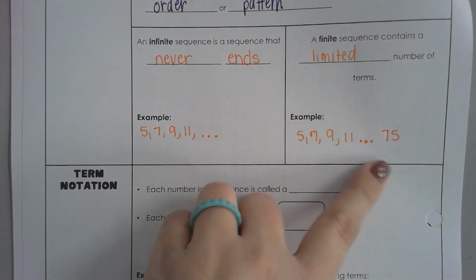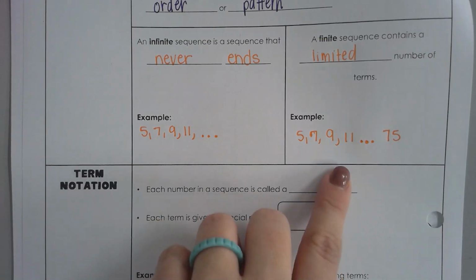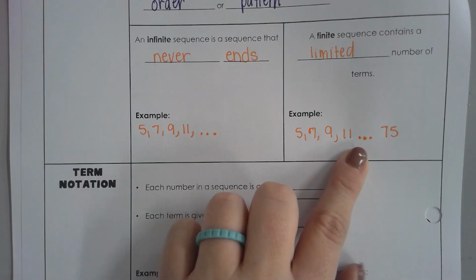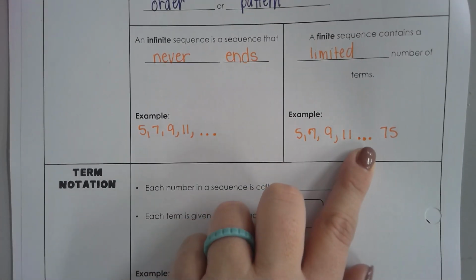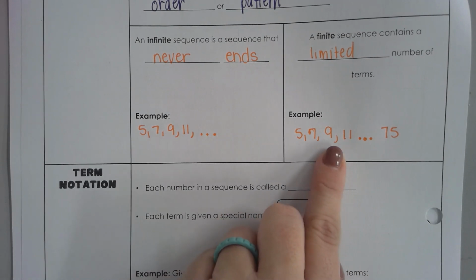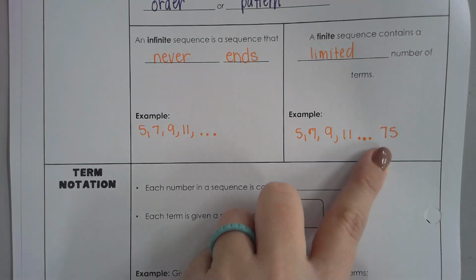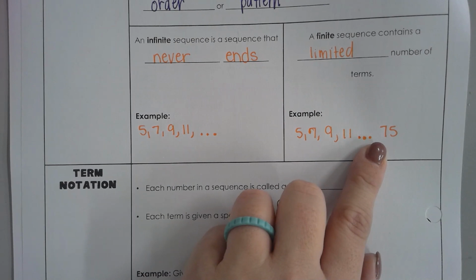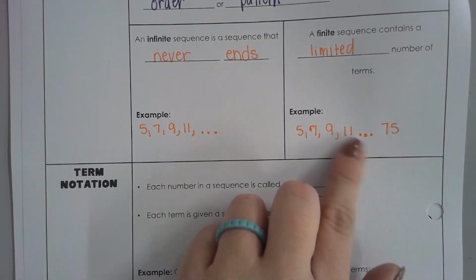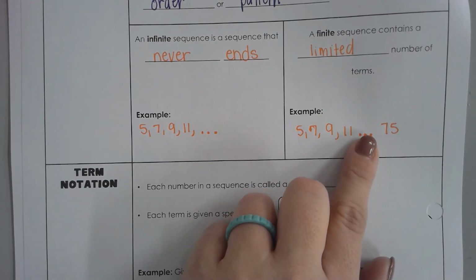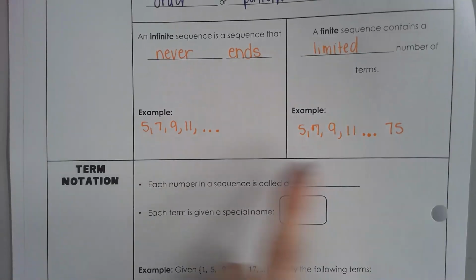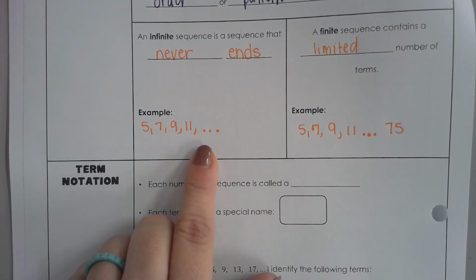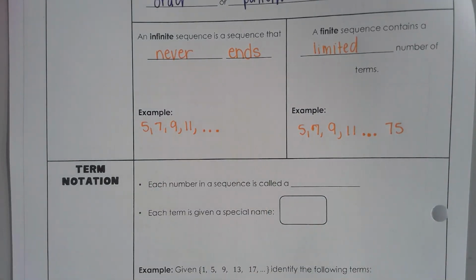This is still a finite sequence, even though it has 3 dots. Those 3 dots weren't at the very end. This means this pattern continues until it hits 75, and then it stops. That just kept me from having to write all those numbers in between. So do you see the difference in these two? One has the 3 dots at the end. One actually has a stopping number.